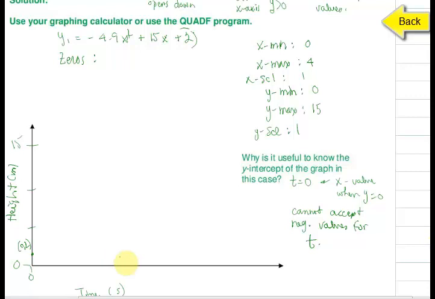And along your x-axis, we're going to go up to 4 seconds, right? So we'll split this up into 4. And we have a vertex at 1.5 and 13.5, so around here.